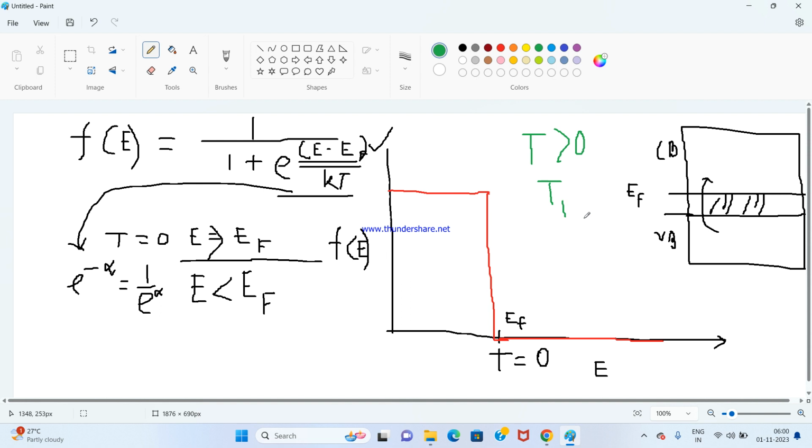Okay, so now in that case, suppose first we consider this is a positive quantity, E greater than EF. So this is a positive quantity, everything will be positive, some value we will get.